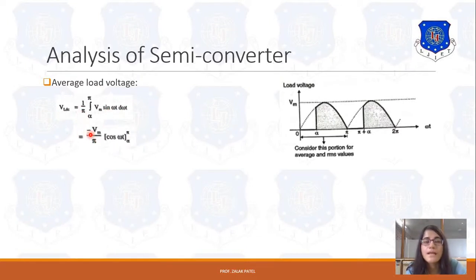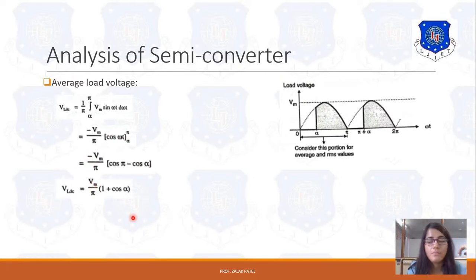That's why there is a minus sign here, and the range is from alpha to pi. So minus Vm upon pi, cos pi minus cos alpha. Cos pi is minus 1. So the equivalent equation is VLDC equals Vm upon pi into 1 plus cos alpha. This is the average load voltage of the semi-converter.